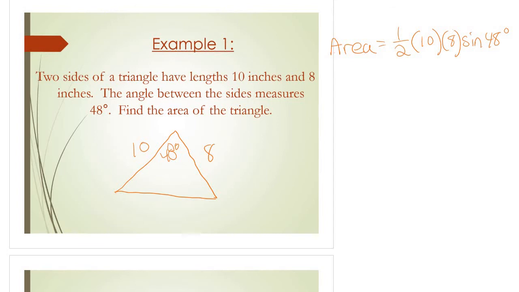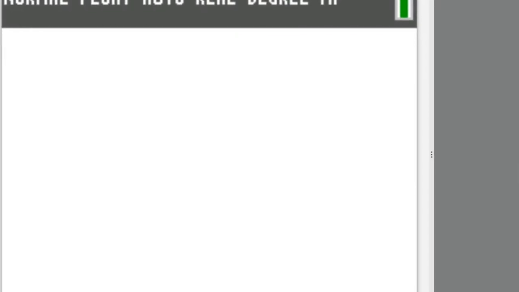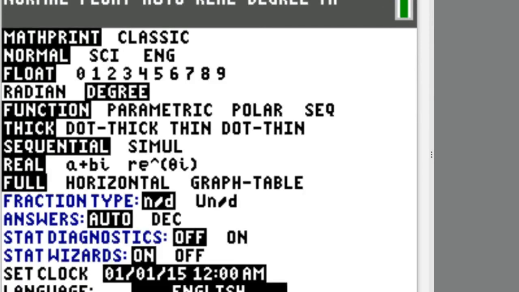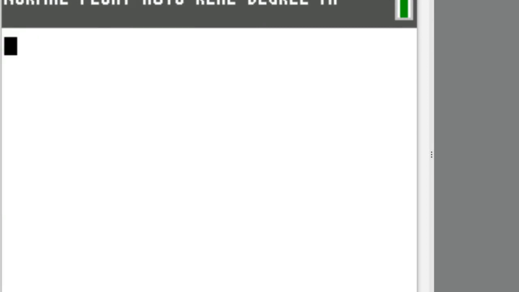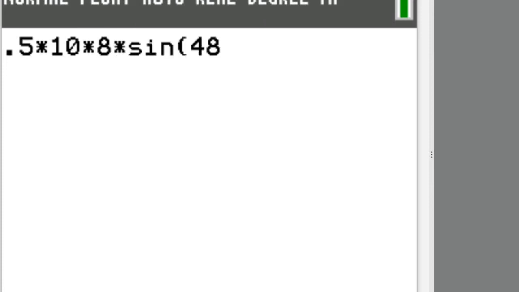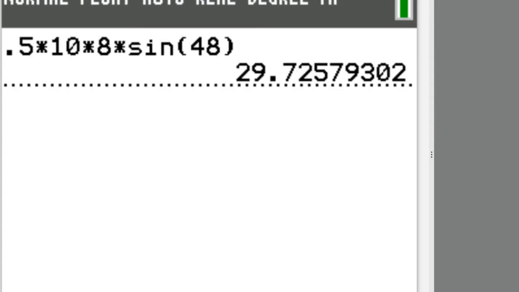Then we're just going to type that into our calculator. Make sure that you are in degrees. So here we are. Make sure you're not in radians at all, because all of this is going to be done in degrees. So then I would just do 1/2 times A times B times sine of the angle in between, and we get our answer.